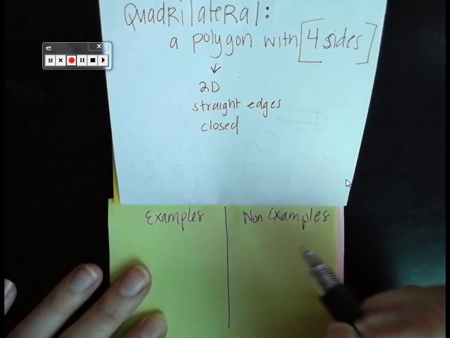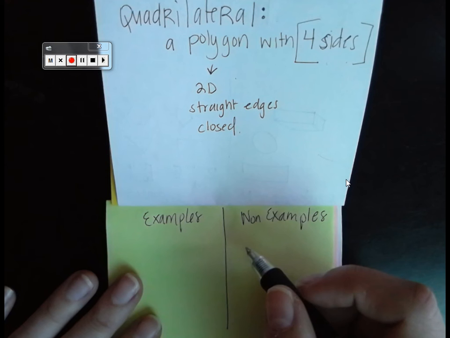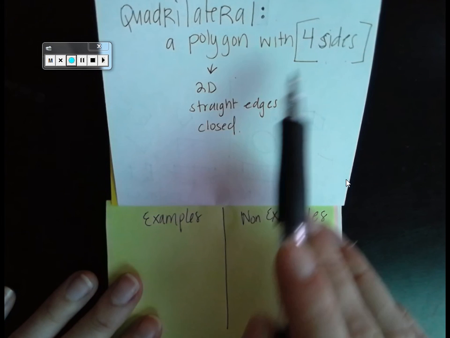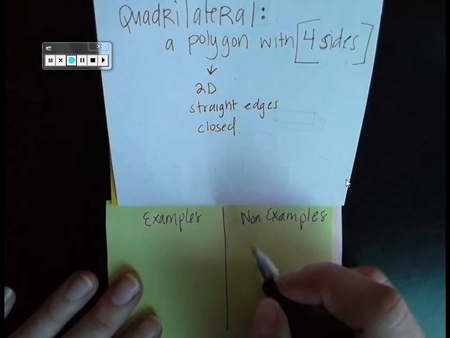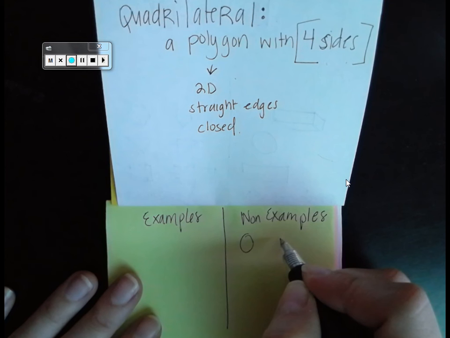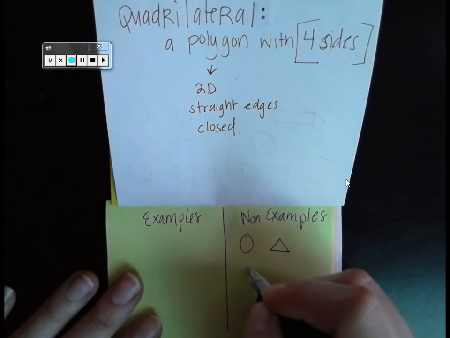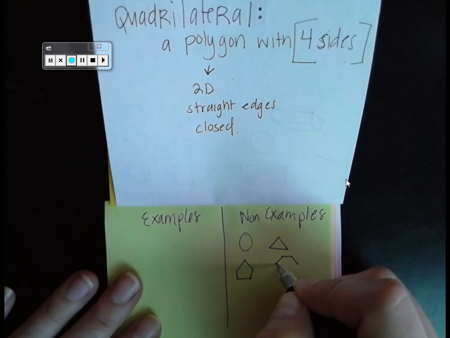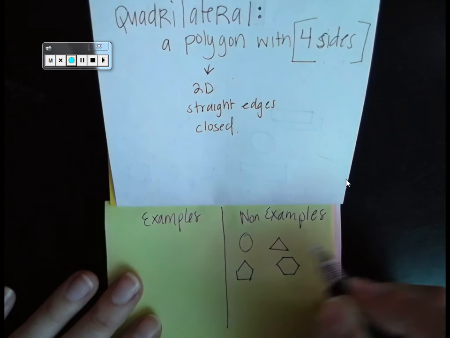So, can someone give me a non-example, something that would not have all these parts? It has to be 2D, straight, closed, 4 sides. Give me a non-example. A circle. What else? A triangle. Pentagon. Hexagon. Yep, hexagon. Okay, because these don't have 4 sides.